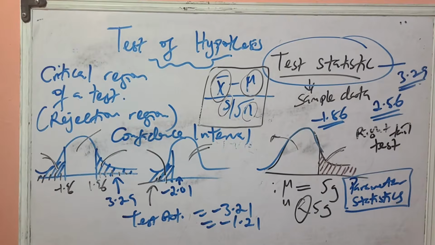Now, I told you guys that if the default belief was that 25 kg is the average weight of people in a class, that's going to be the null hypothesis, default hypothesis.